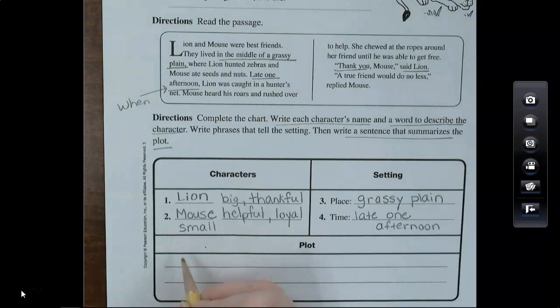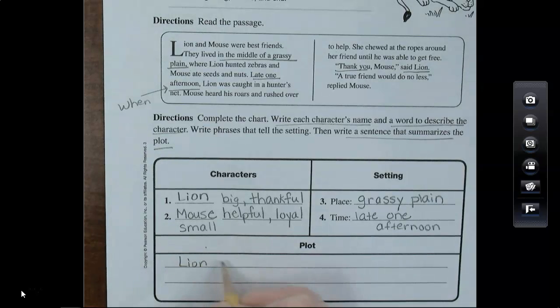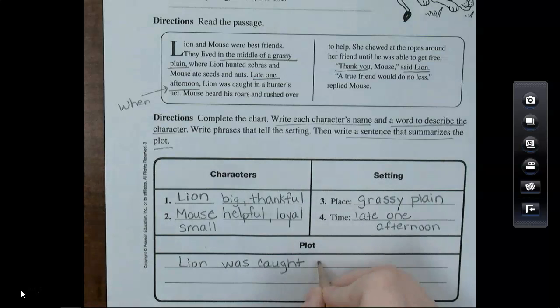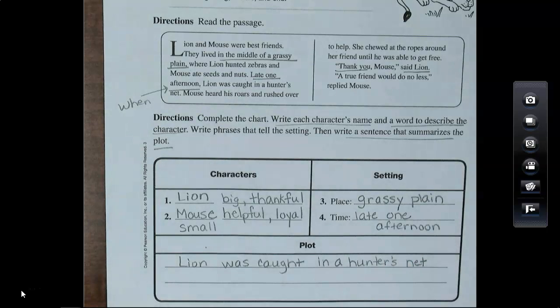So, Lion was caught in a hunter's net. But Mouse chewed the ropes and set him free.